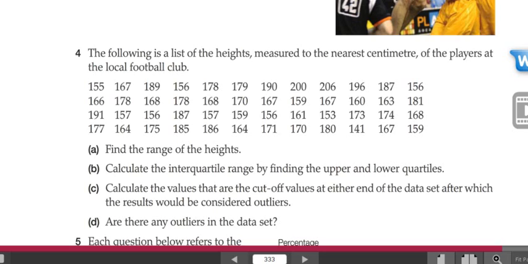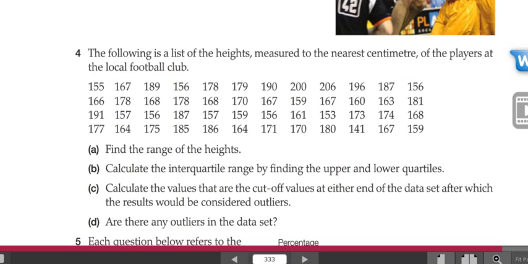So you have 206 take away the lowest, 141. That equals 65 centimetres. So the range is 65 centimetres.